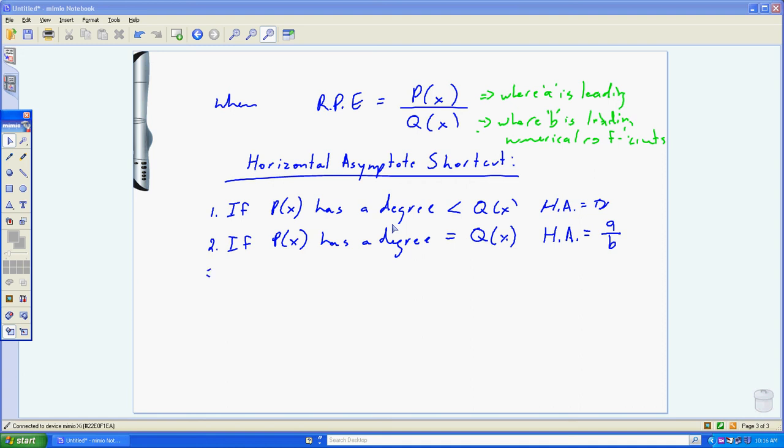The only other possibility is if p of x has a degree greater than q of x, right? So it's less than, equal to, greater than. There is no horizontal asymptote. None. We just go to town.